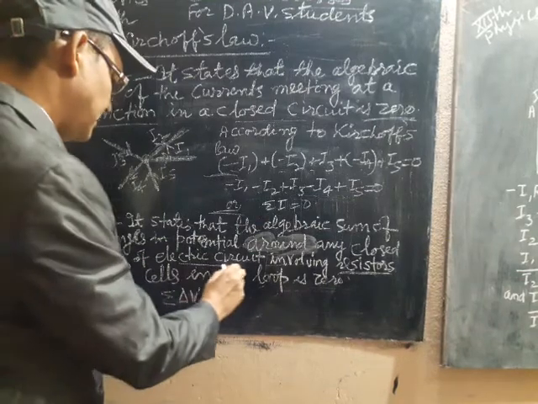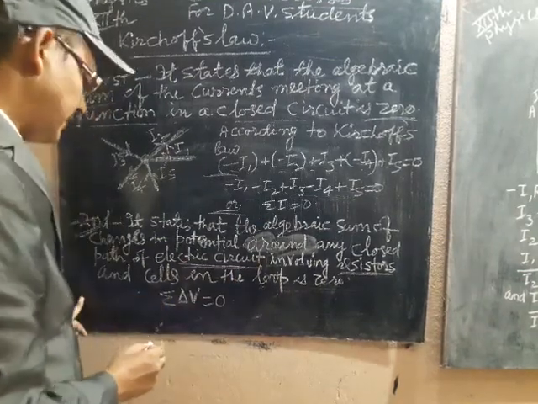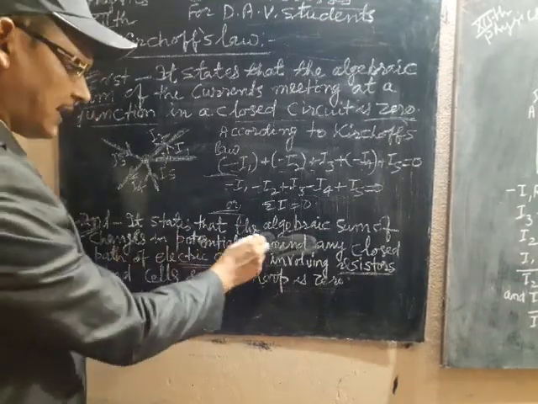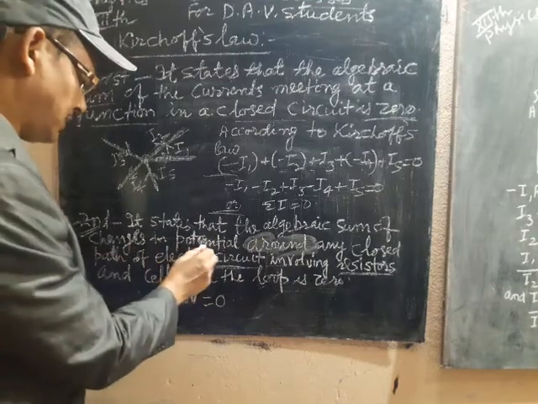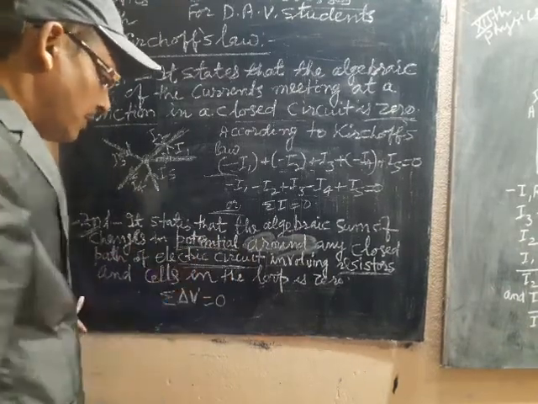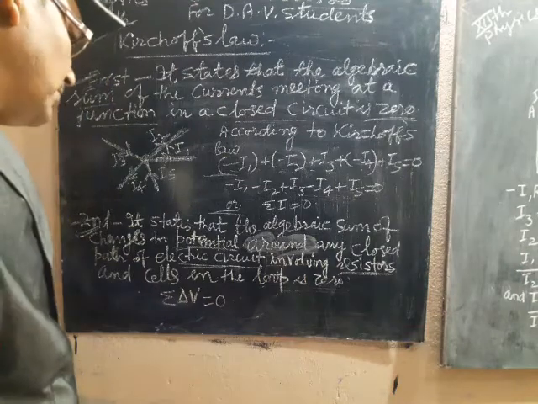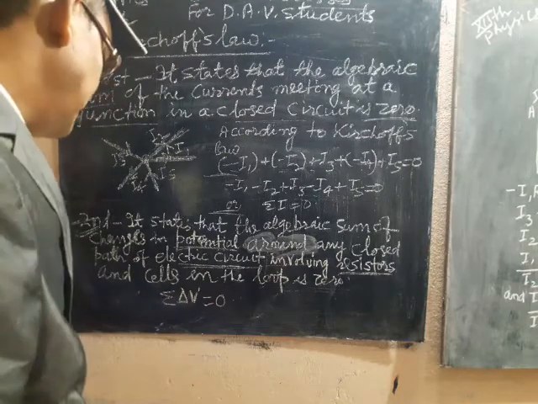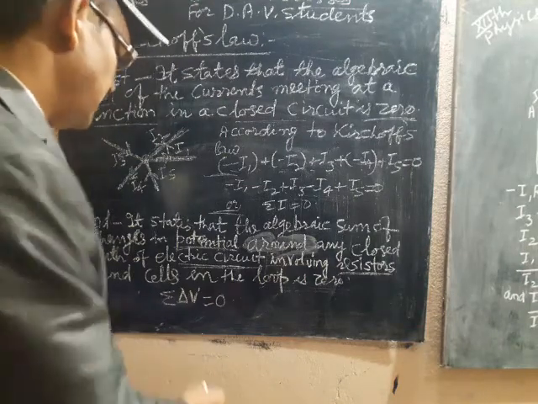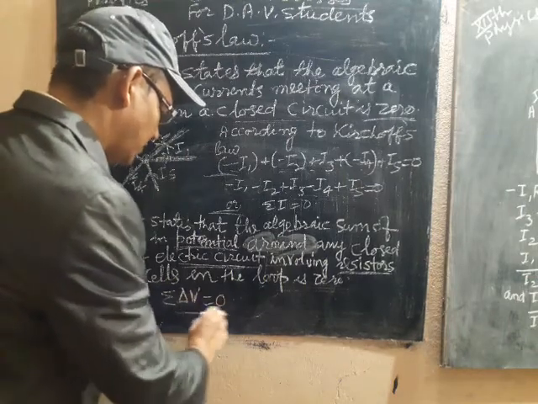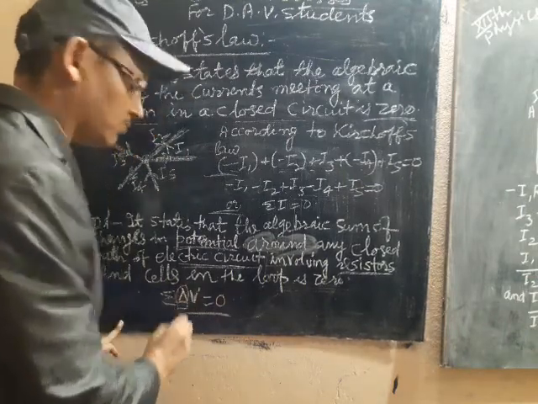Here electric circuit, you know, is a conducting path. It states that the algebraic sum of changes in potential around any closed path of an electric circuit involving resistance and cells in the loop is zero. It means sigma delta V is equal to zero. Here I have taken delta for a small quantity.